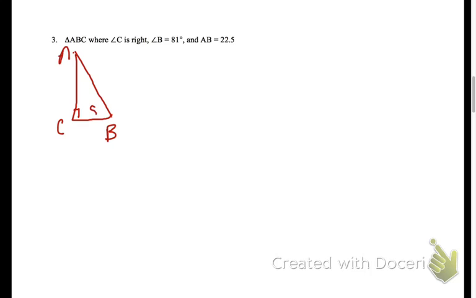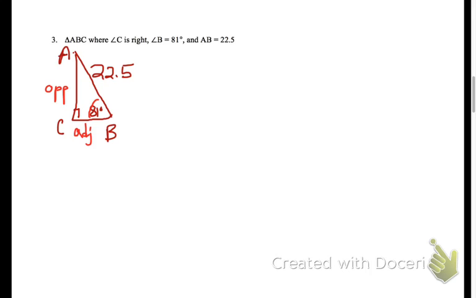Angle B is 81 degrees. And side length AB, which is the hypotenuse, 22.5. Okay, so this is going to be similar to our previous example where we know an angle measurement 81 and we know the hypotenuse 22.5. We don't know the adjacent side and we don't know the opposite side again.